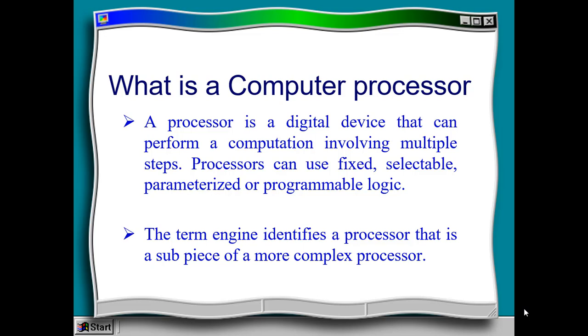So a processor can be defined as a digital device that can perform computation involving multiple steps. And a processor can be used to fix selectable parameters or programmable logics. Something to note is that in this presentation, whenever we talk about a processor, we will be discussing all the architectures, both the Harvard and the von Neumann, that we'll be discussing much later.